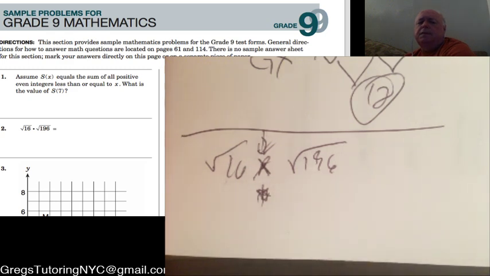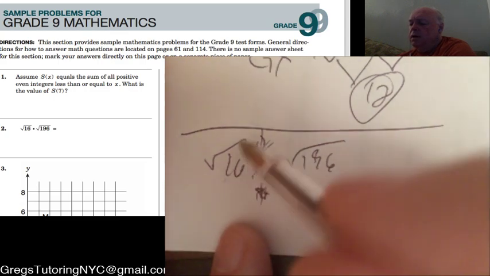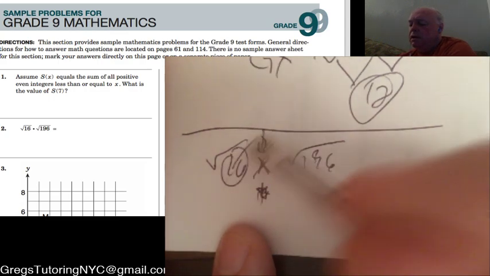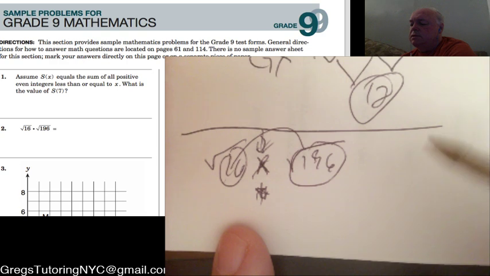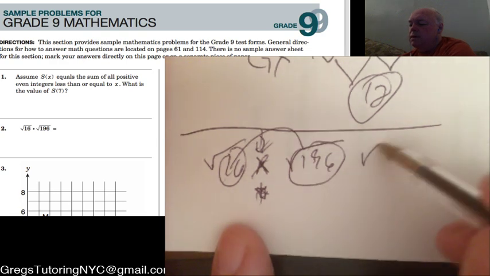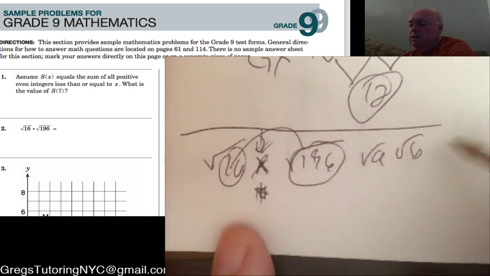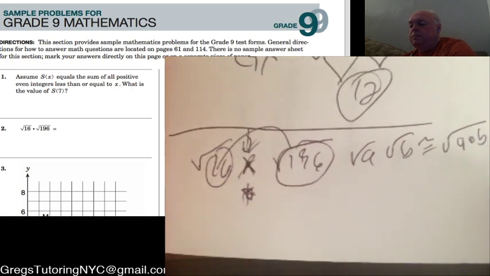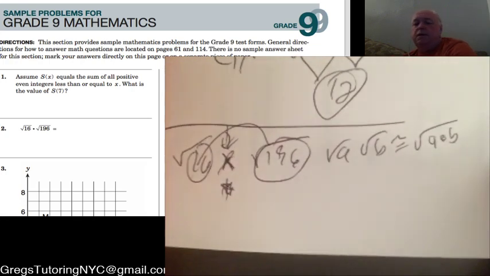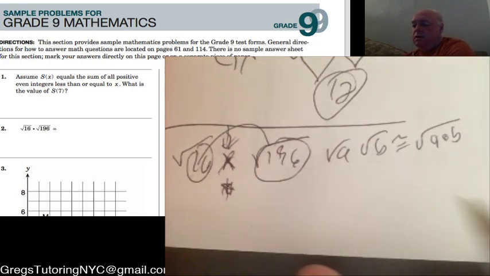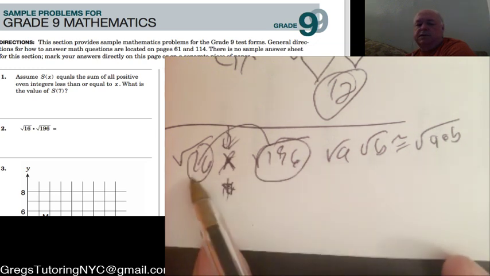So if you know anything about square roots or exponents, there's one solution where you can take the 16 and multiply it by the 196, because if I have the square root of a times the square root of b, that's the same as the square root of a times b. All right? But you don't want to do it that way if you can avoid it, because why do you want to multiply 196 by 16?